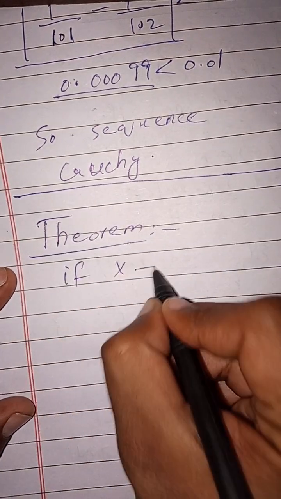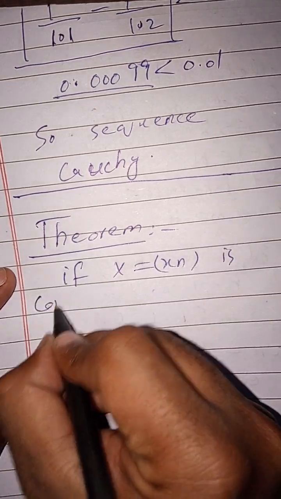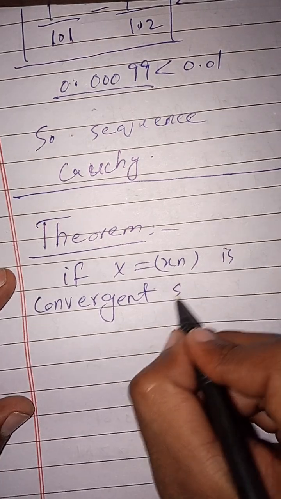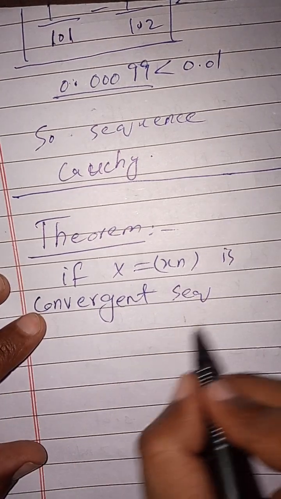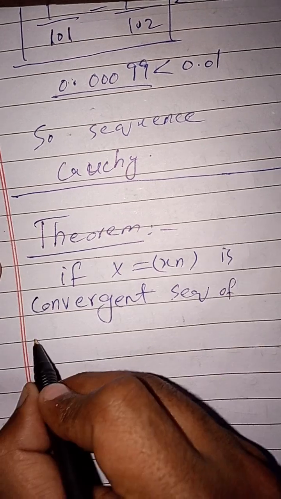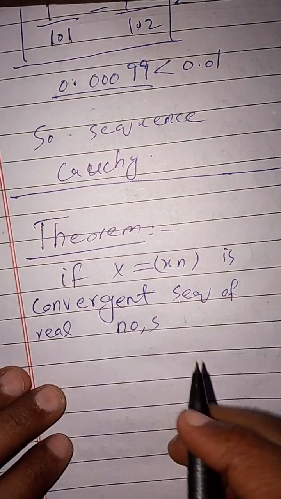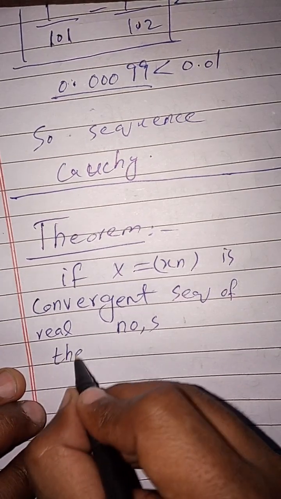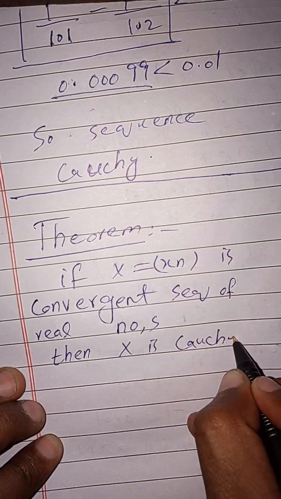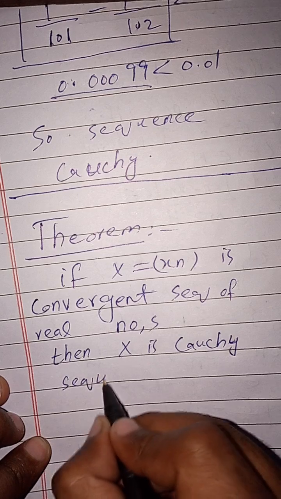If xn is convergent. Now it is given that the sequence is convergent, a sequence of real numbers. Then x is a Cauchy sequence.